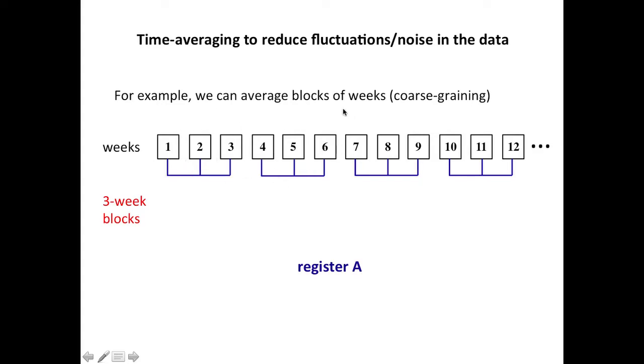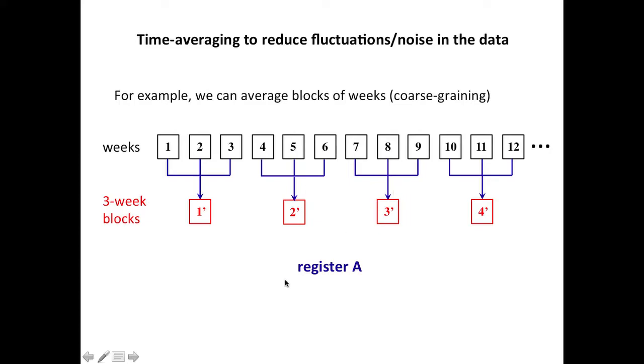Then we'll take the next 3 weeks, 4 through 6, and average those, 7 through 9, 10 through 12, and we will average those 3 data points and get a new data point, and that will be block 1. These 3 will give us block 2, and so on and so forth. And so we're going to have a smoother data set with a third fewer points, but these will be in a smoother trajectory than the original ones.